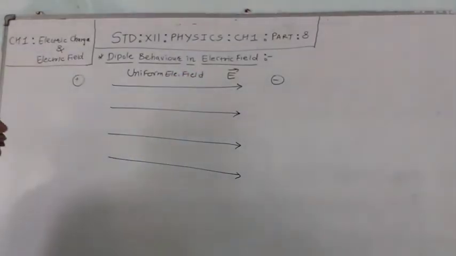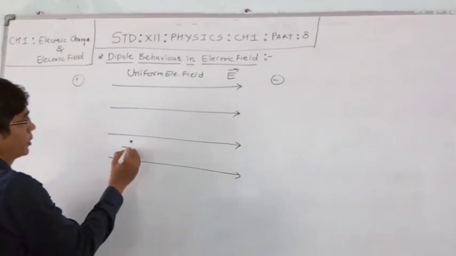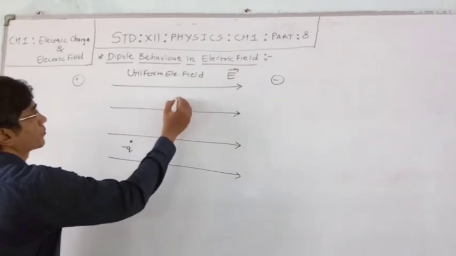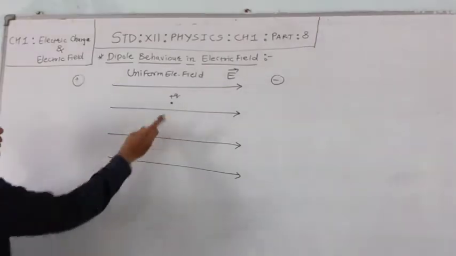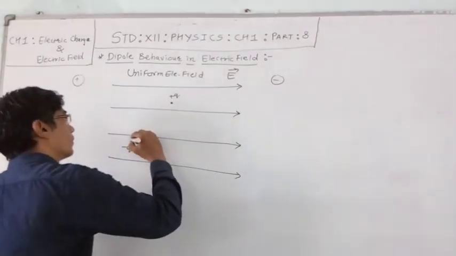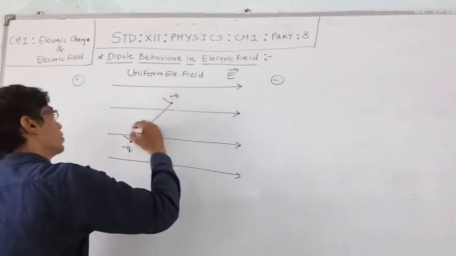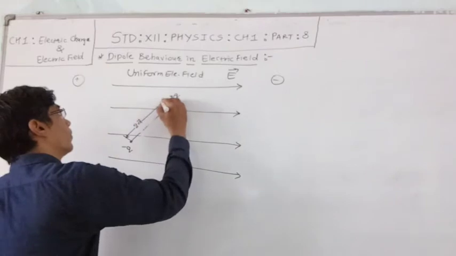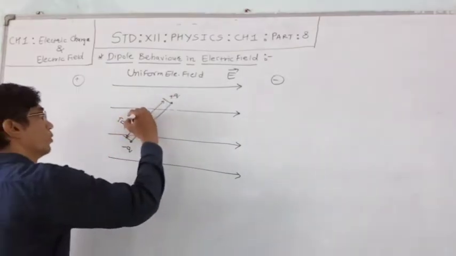When we put the dipole, suppose here is the minus q charge and here the plus q charge. When it is kept in the electric field, the distance between the dipole charges is 2a. The dipole moment P is from minus q to plus q.